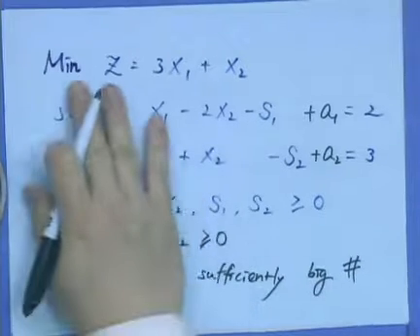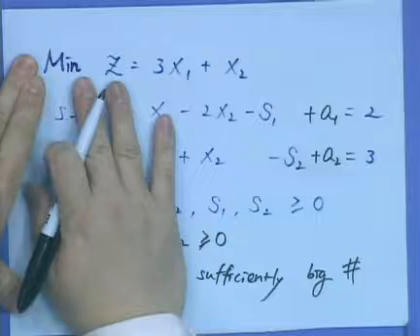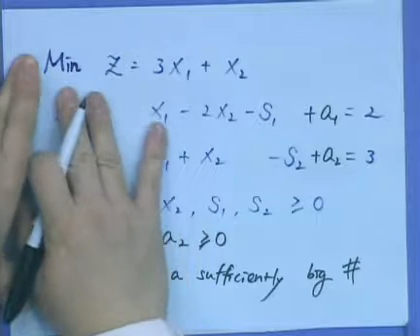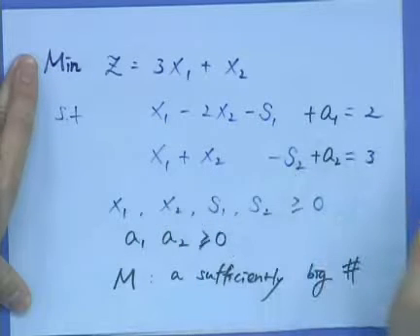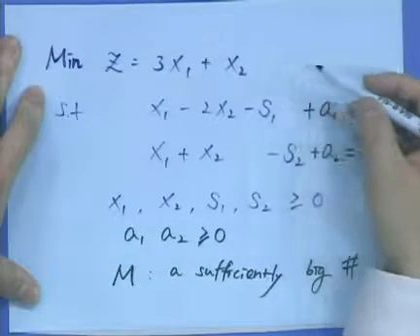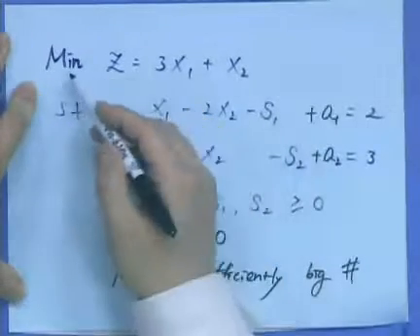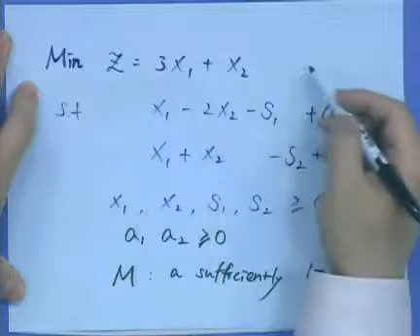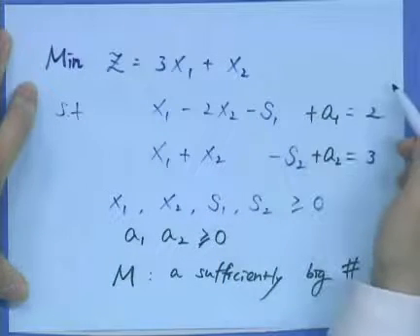And if the given LP is a minimization problem, you need to add M times A sub i to the objective function. And if the given LP is a maximization problem, then you need to subtract that value from the objective function, right?